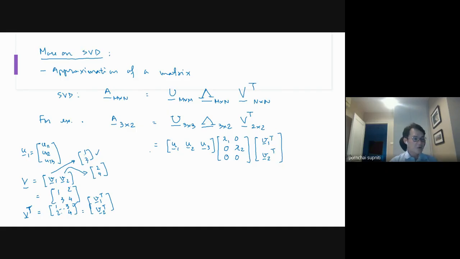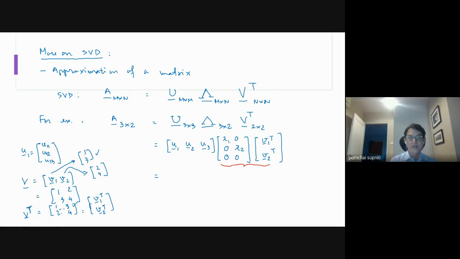Okay, and what else am I going to do? In most materials, they just write out what it's supposed to be, but I want to slowly write it out so that you understand what I'm talking about. If I just multiply, I'm going to multiply the two rightmost matrices and vectors first.